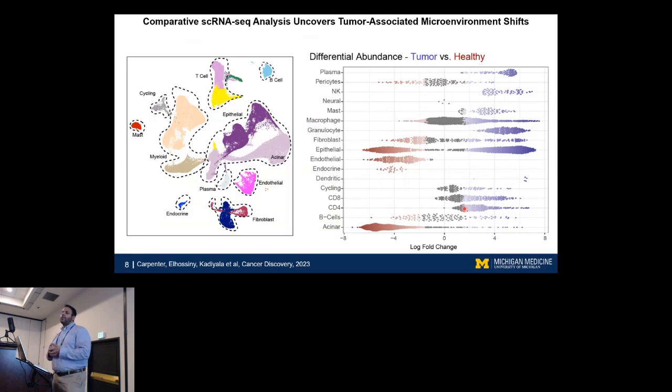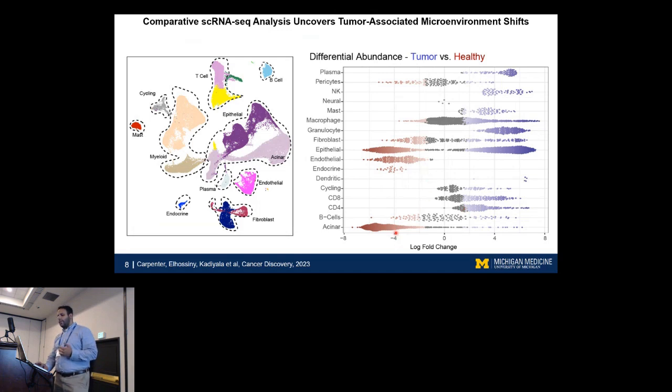The first step is we had a lot of single-cell samples from the donor samples, the healthy samples that we obtained, and we started looking at the differential microenvironment characteristics and what the tumor-specific microenvironment shifts are. I'm not going to get into details. You can review the paper if you're interested in the different shifts in different cell types, but we see some of the hallmarks.